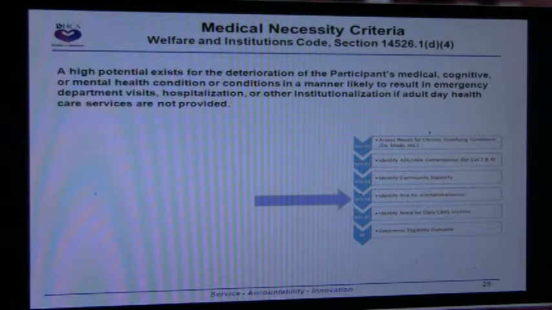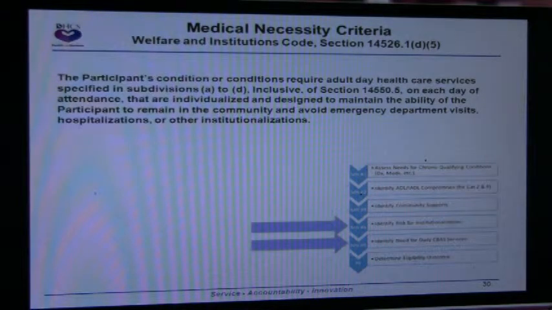So criteria number 4 that exists in the statute, again, identifying risks for institutionalization, part of the thought process behind ensuring that they meet criteria number 4, and it's built into the tool. But this is just another reference to it that helps you think about what the criteria are for participation and how you're looking at that individual during the evaluation.